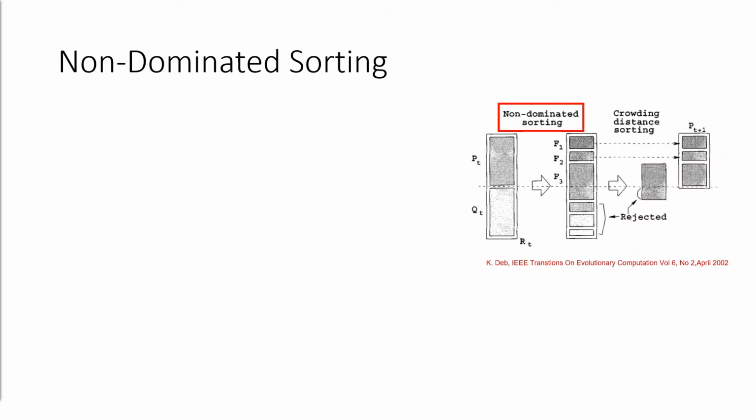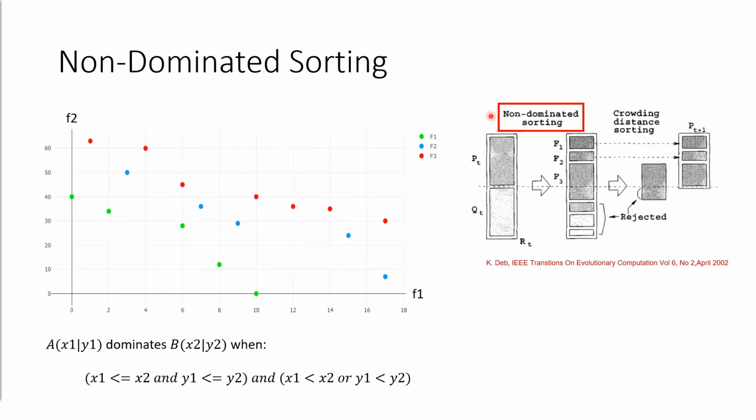Now let's take a closer look at the single parts of this whole process I showed you, starting with non-dominated sorting. On the left side, I got you another point sample for you, where each point, doesn't matter which color it is, represents one individual of a population, and the colors actually mean which front they belong to.